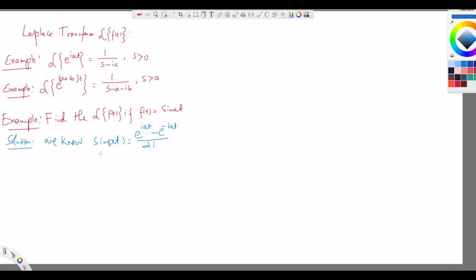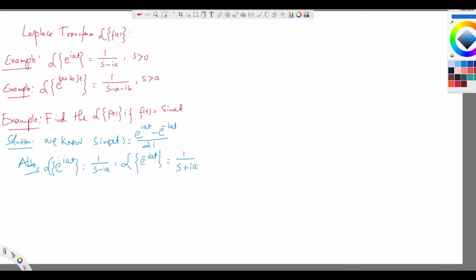That's the formula for sine at in terms of the exponential function. We know the Laplace transform of e to the iat equals 1 over s minus ia.